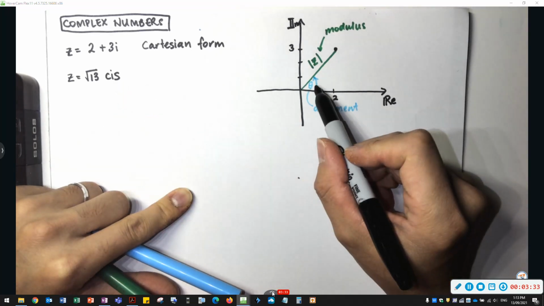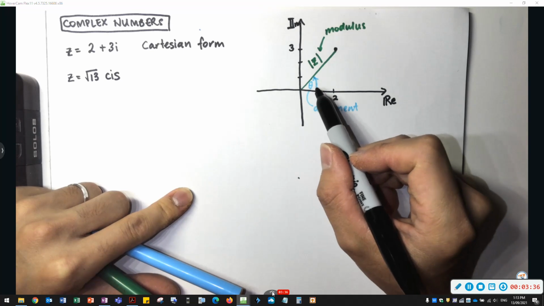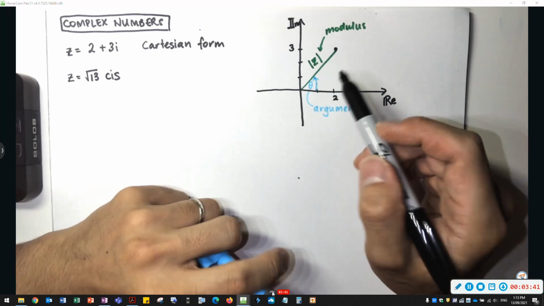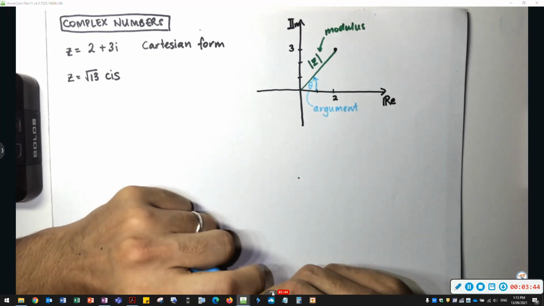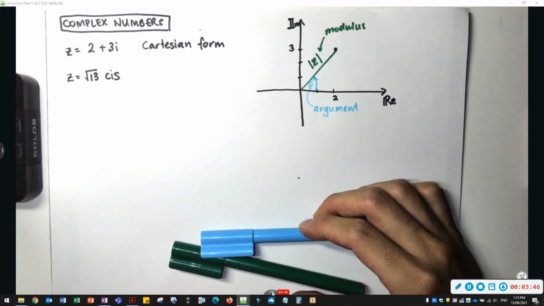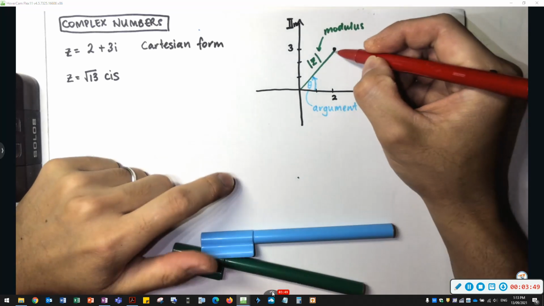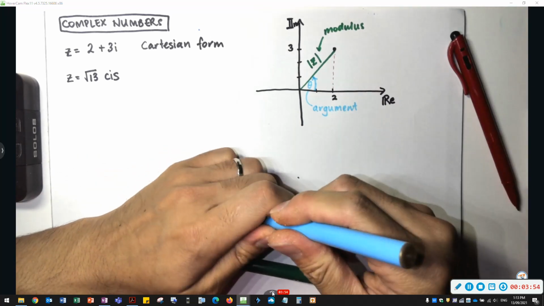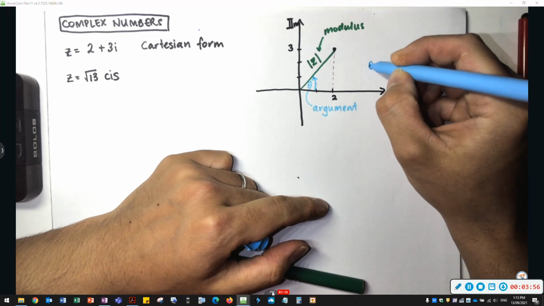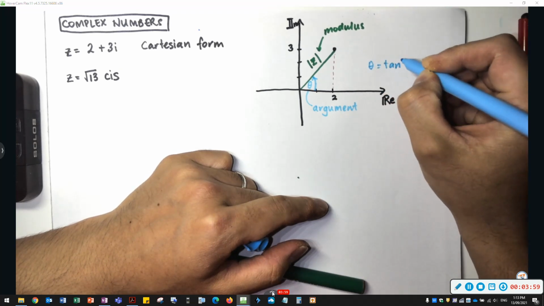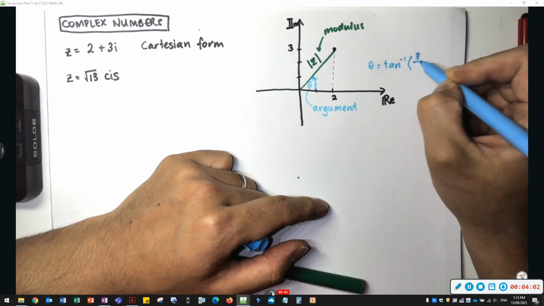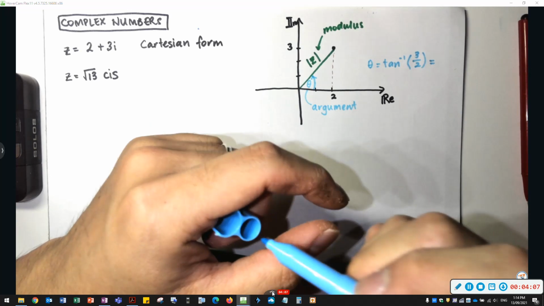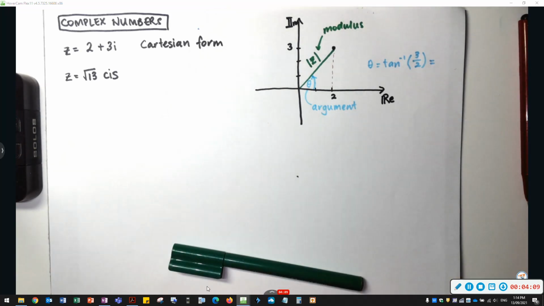In this one, we have to calculate what the angle is going to be. Again, we're going to use some trigonometry to figure out what theta is going to be. You can use tan. The theta in this example will be tan inverse of 3 over 2, and then it'll be equal to some angle.